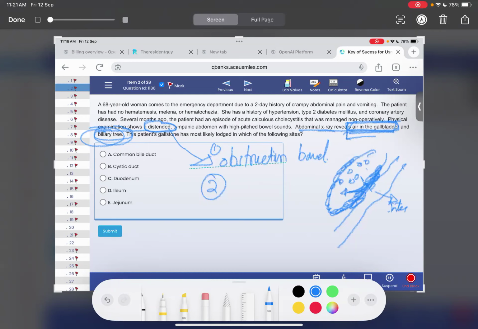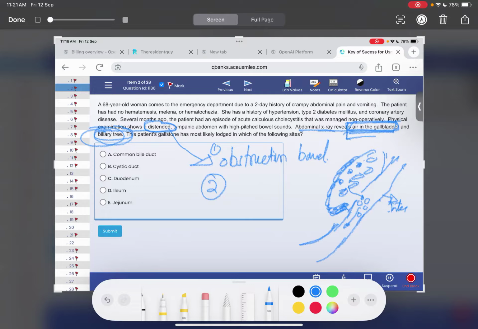Whenever a fistula forms between the gallbladder and the intestine, in an inflamed gallbladder with many stones, a stone will go into the small intestine lumen. So my question is, where will these stones lodge?